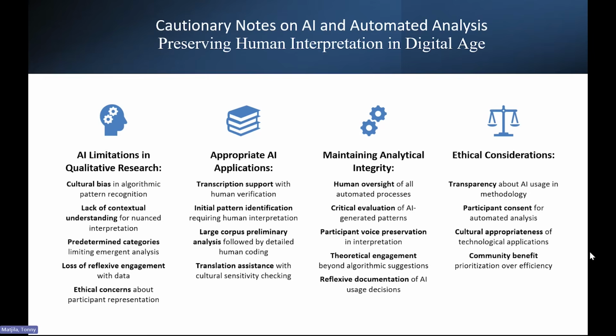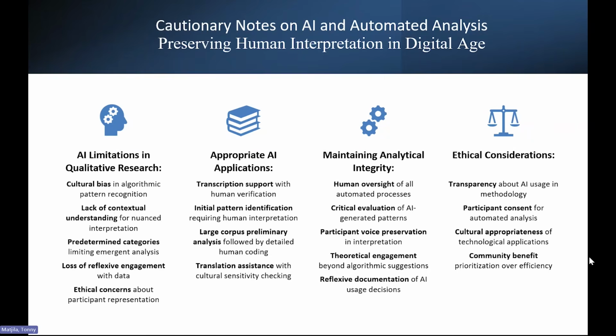And this is contradicting the fundamentals of qualitative analysis. So most concerning is the loss of reflexive engagement with the data. And I think intimately being familiar with participant voice will help you, and it won't be replaced by these algorithmic summaries. So if you're using AI, use it cautiously and transparently.